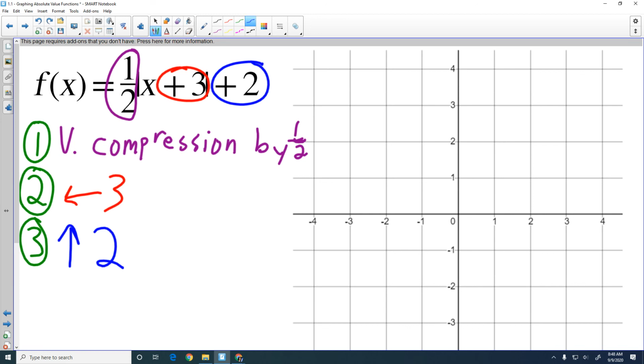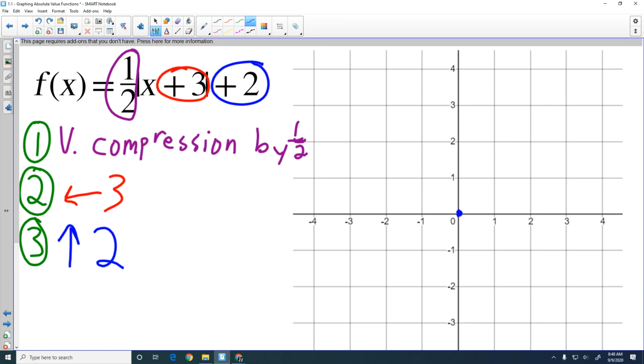To start graphing this, I always think about that basic parent function and that vertex. That's like our starting point. Normally, it would start at 0, 0 at the origin, but that's not the case for this one. It's been shifted. It's been moved around. So I look at my different shifts. It's gone left 3 and up 2 units.